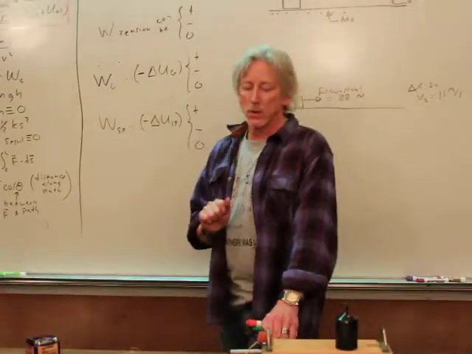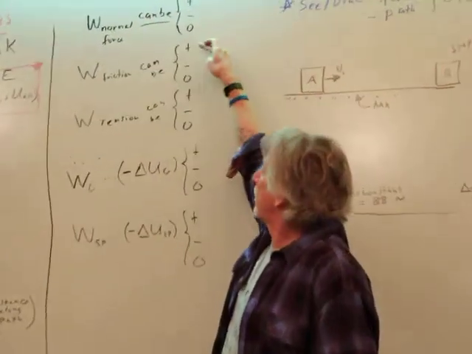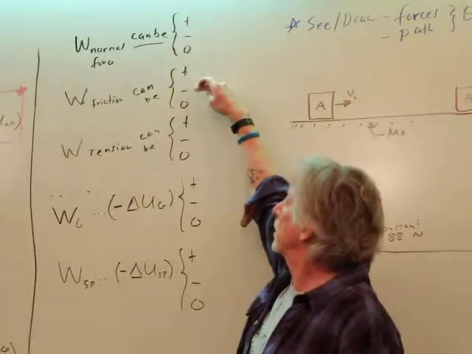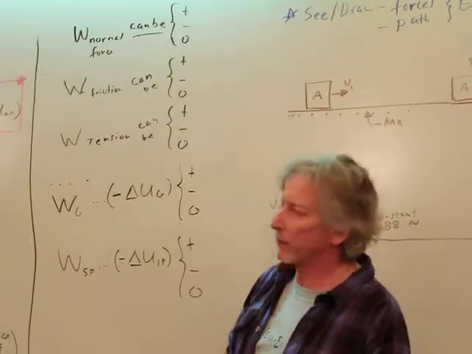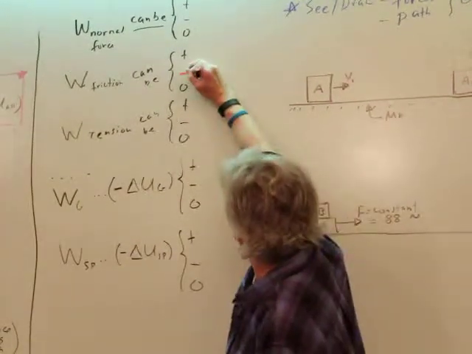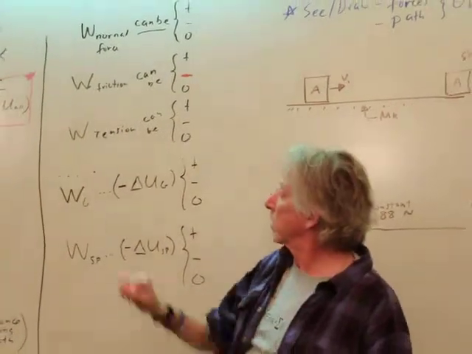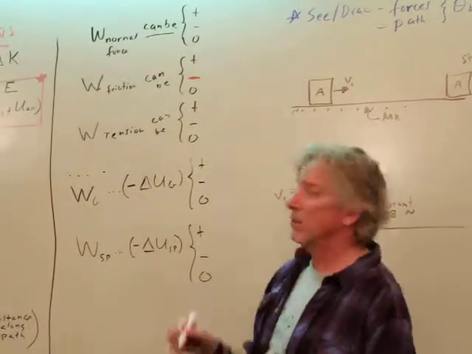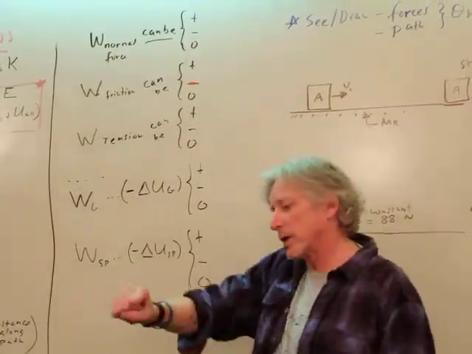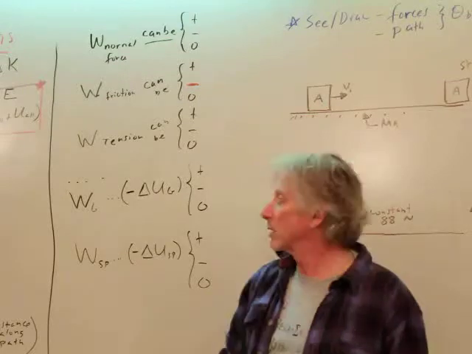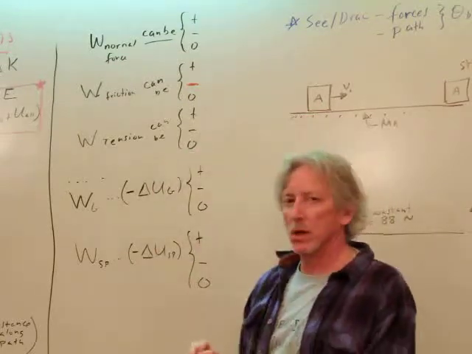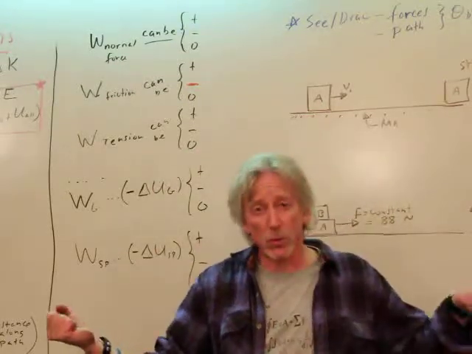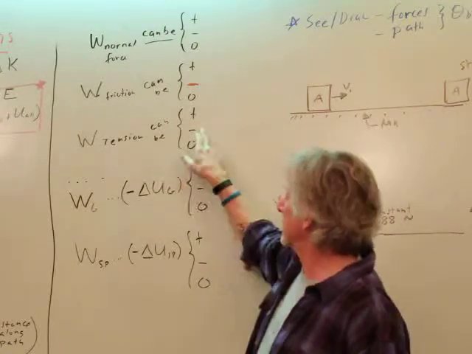So be careful. Friction can do positive work, negative work, which is what we often think of it as, or zero work. Tension can do positive work if you're pulling in the direction it's moving. It can do negative work if you're pulling back as it moves forward, in the opposite direction.